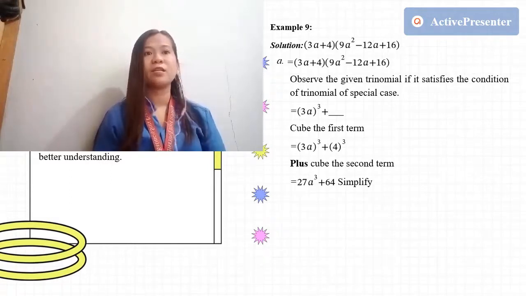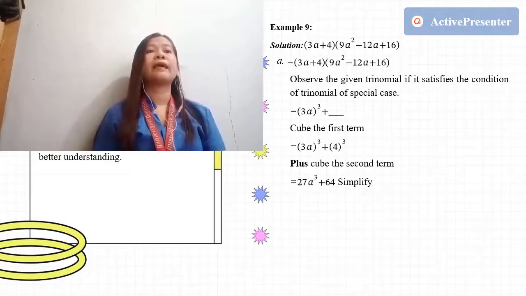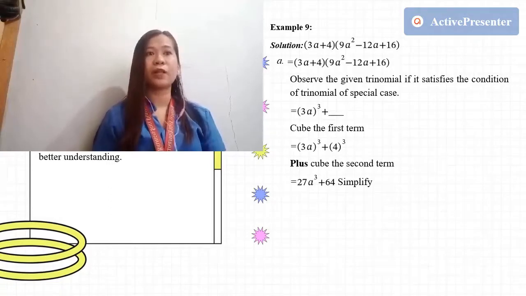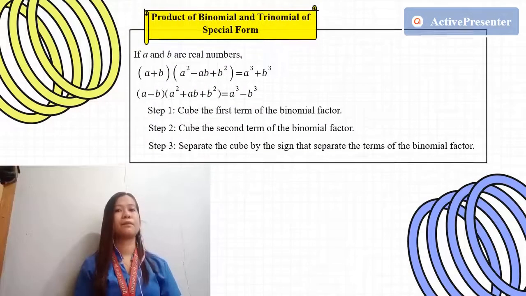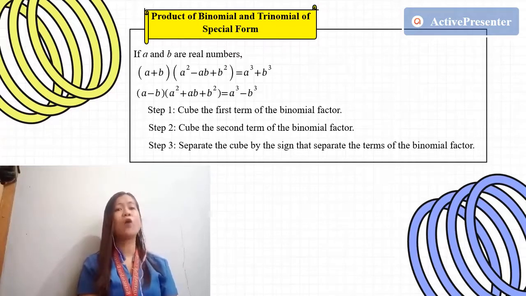Our second term is 4, right? The cube of the second term is 64. Therefore, the binomial 3a plus 4 times the trinomial 9a squared minus 12a plus 16 is equal to 27a cubed plus 64.